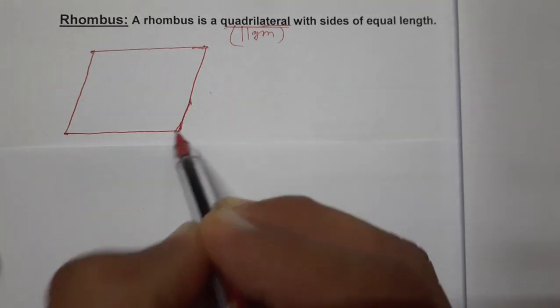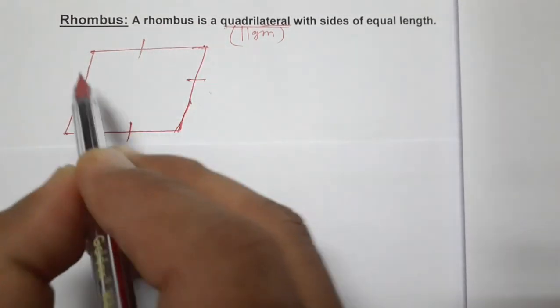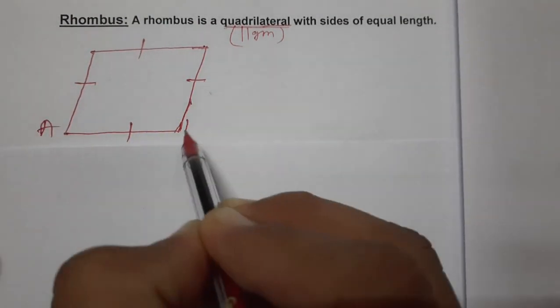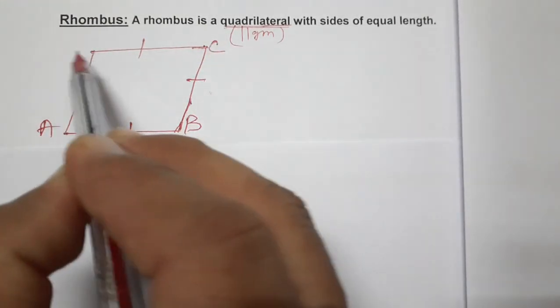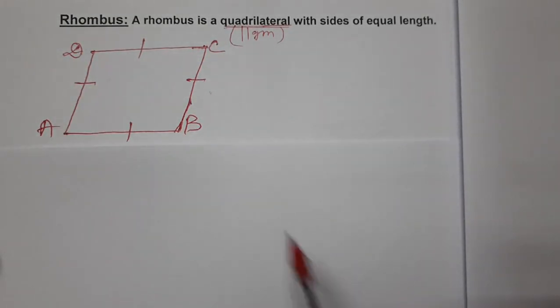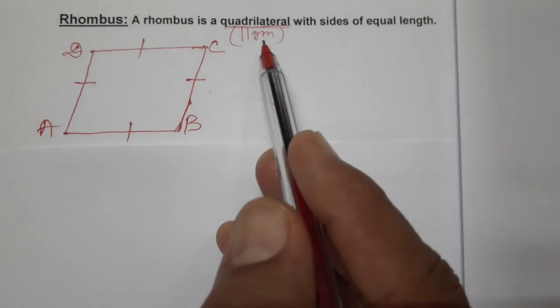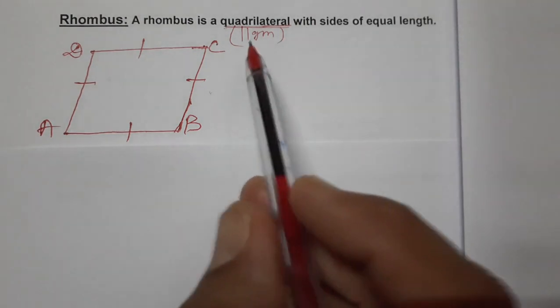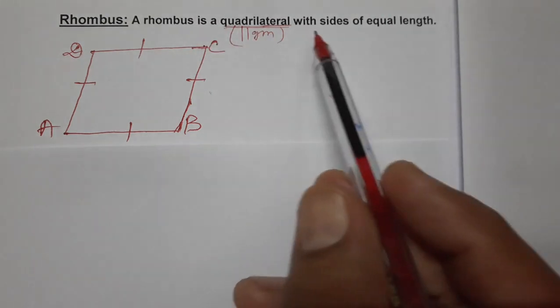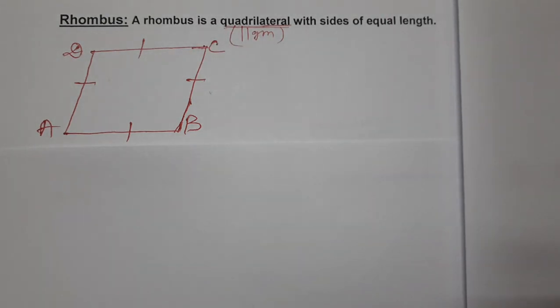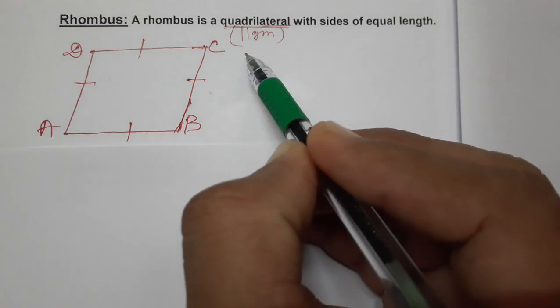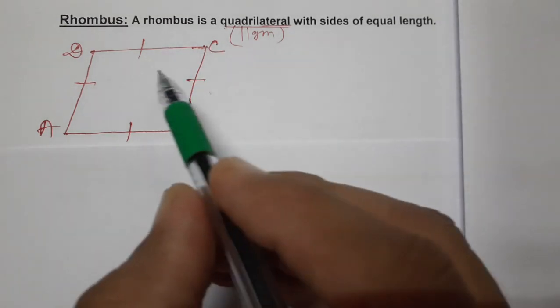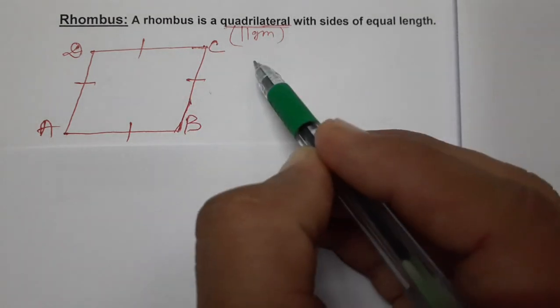So all sides are equal. Let us give the name ABCD. So it is a quadrilateral or a parallelogram, because rhombus, rectangle and square all are parallelograms. A rhombus is a parallelogram with sides of equal length. All of its sides are equal. So it is a special type of parallelogram.